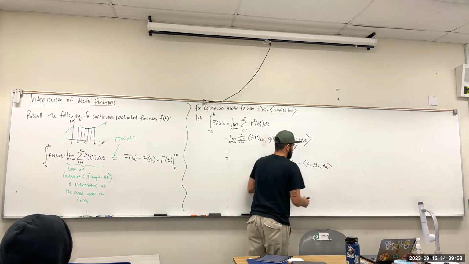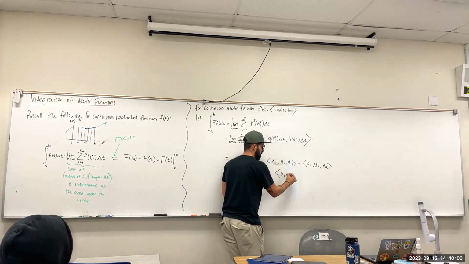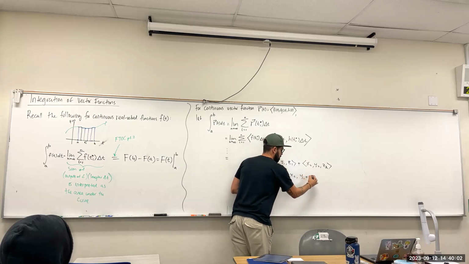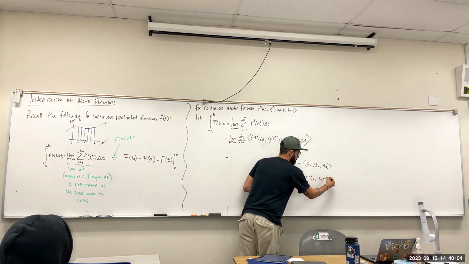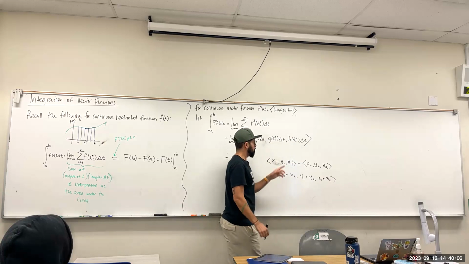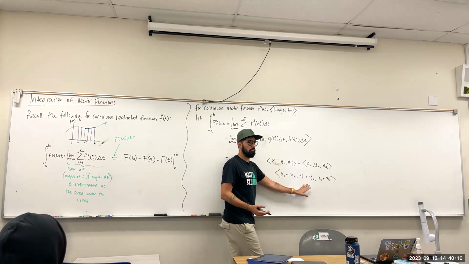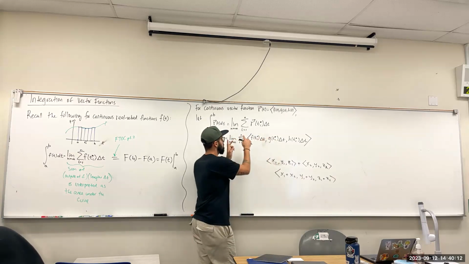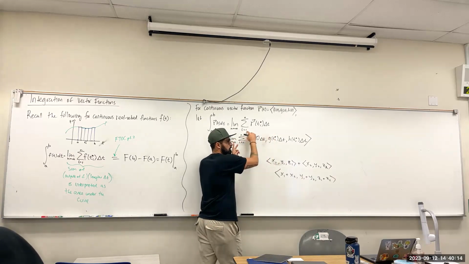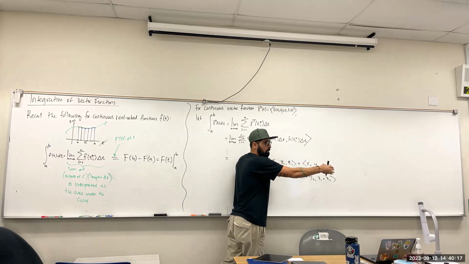So when I add a bunch of vectors, it's just the sum of the components now. So I distribute the sigma into each of these because I'm adding each of those now.